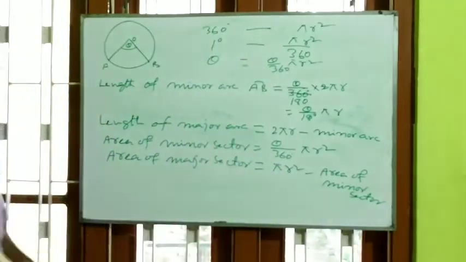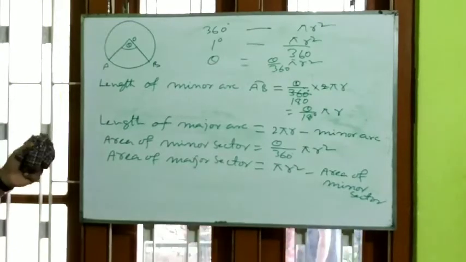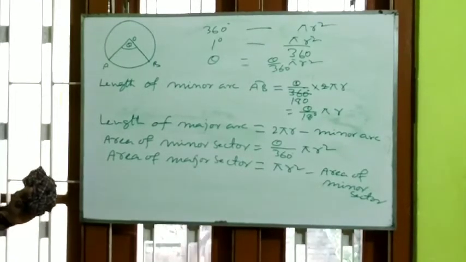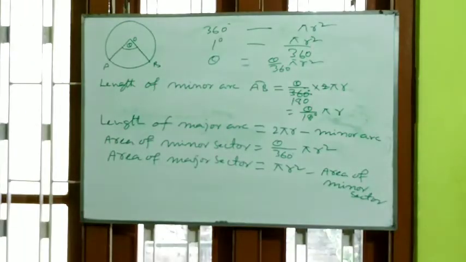You note down this. After that, how can you find out the segment? That I want to say. Have you written up to here or not? You note down nicely up to here.